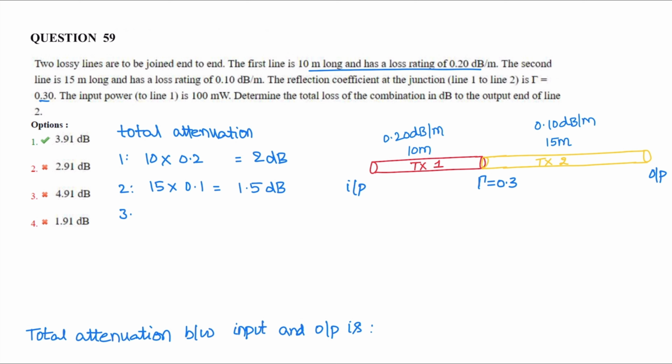Now, the loss due to the reflection coefficient or mismatch loss is 0.41 dB.